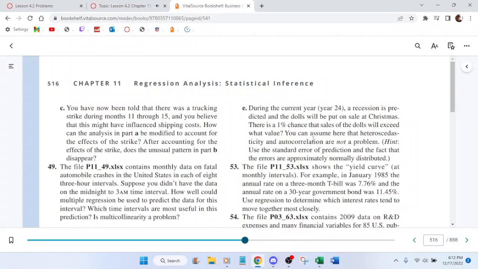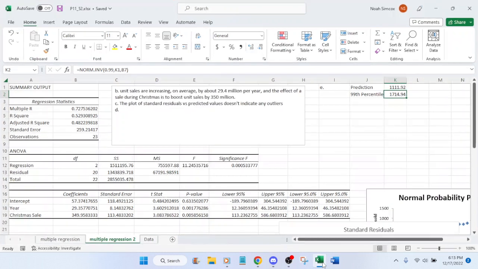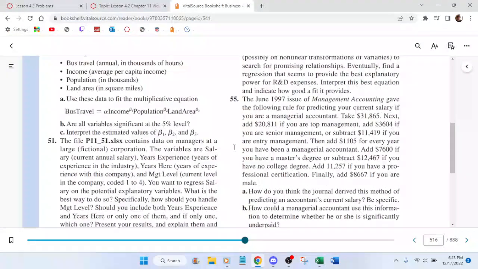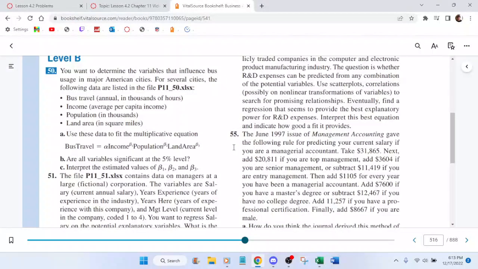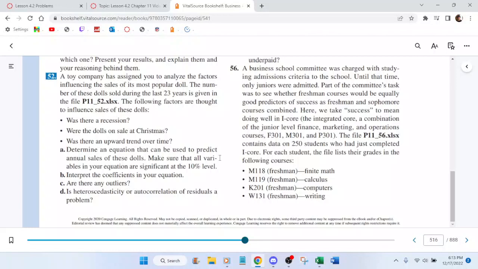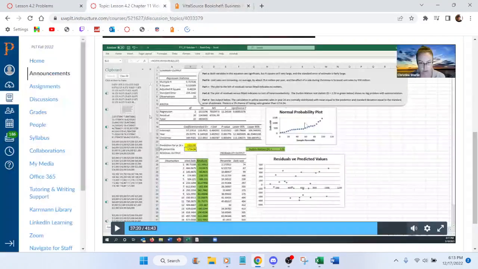Right. So looks like we got E. Now please do D, which is heteroscedasticity or autocorrelation. The plot of residuals versus fitted indicates no hint of heteroscedasticity. Yay!